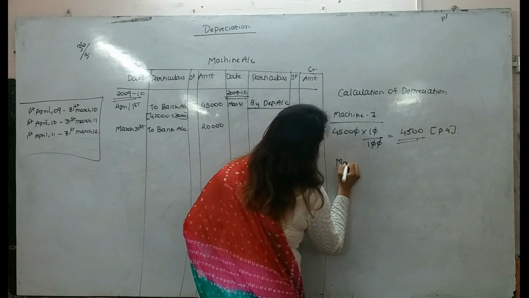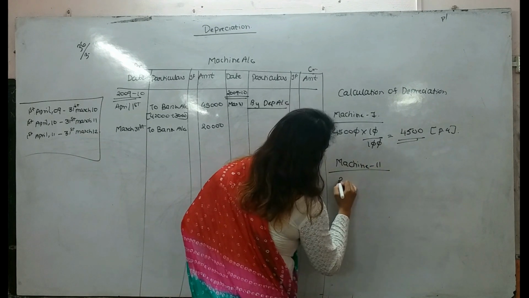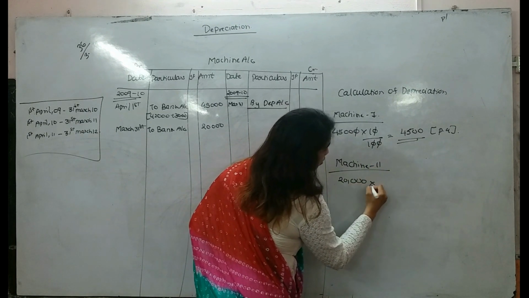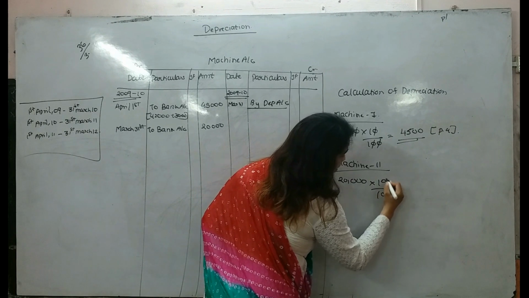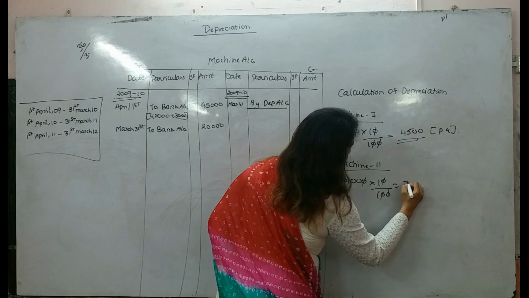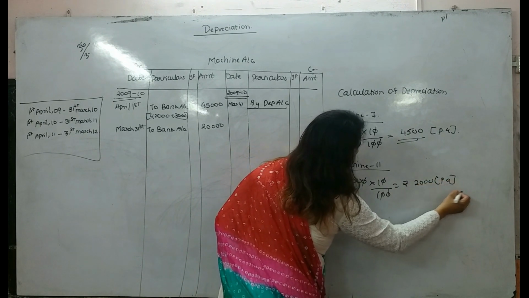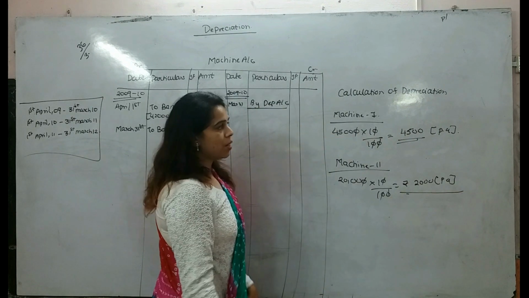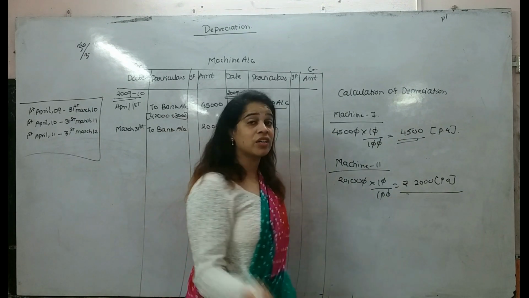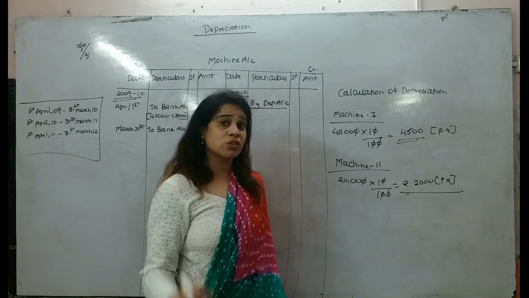For machine 2, what is the value? 20,000 into 10%. This 0 will get cancelled, this 0 will get cancelled. Rupees 2,000 per annum. So for the first machine, depreciation will be 4,500 for 12 months, and for the second machine, 2,000 for a year.